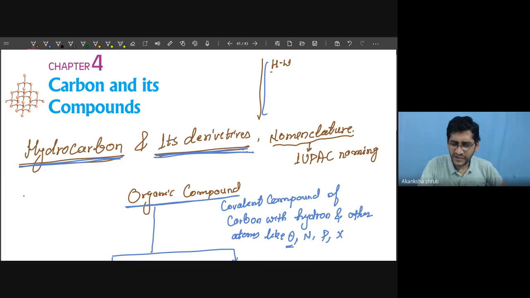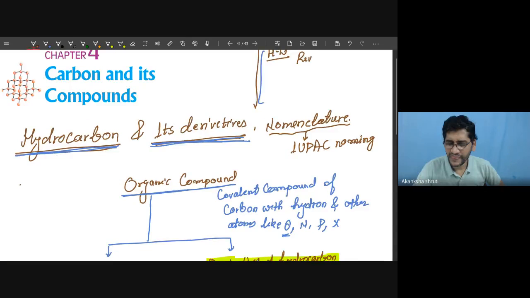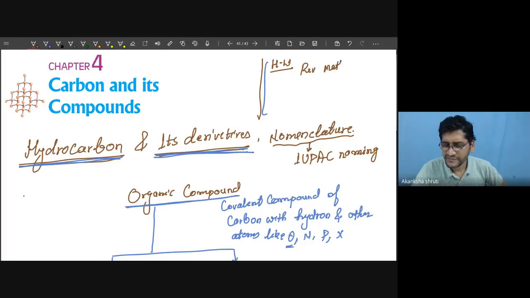Students, for the homework, please revise your maths. Do not forget. For this revision, you need to go through two things. One is your textbook. Another one is your exemplar problem.